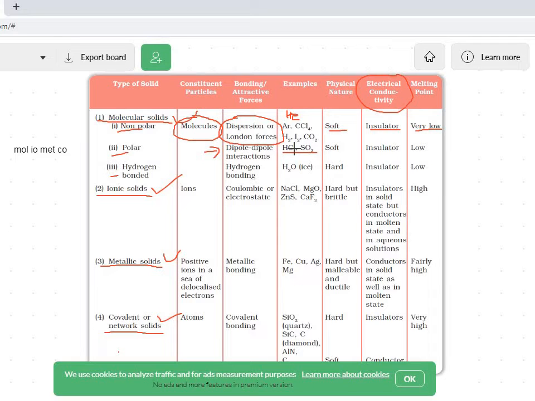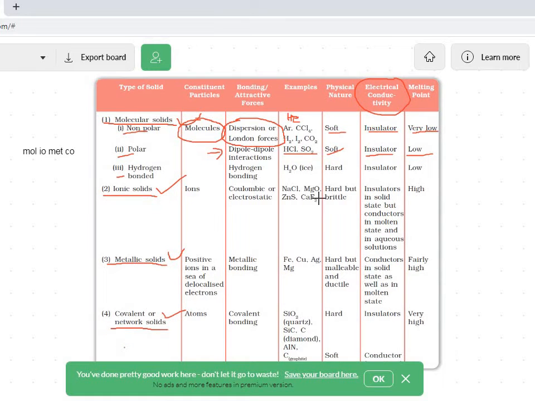Examples are HCl, hydrogen chloride, solid SO2 or solid NH3. It is not mentioned here; you may add solid SO2, make it correct, and solid NH3 as examples. They are again soft. Electrical conductivity: insulator, non-conductor, and melting point is very low.